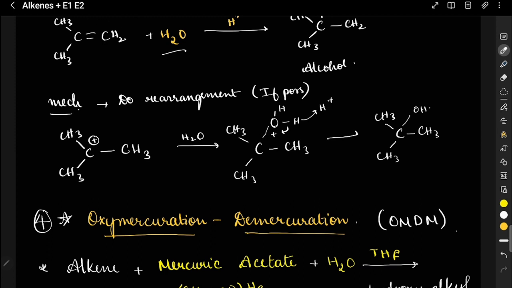Then because of water, the oxygen center is attracted to this positive charge. H plus is released by giving off this bond, and thus OH is formed and H plus is released. This H plus which is released is again utilized for the reaction further. So alcohol is formed.